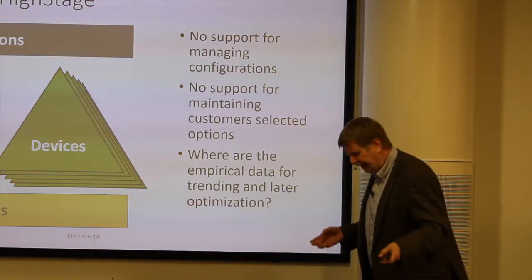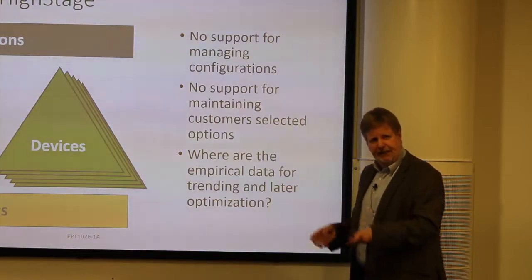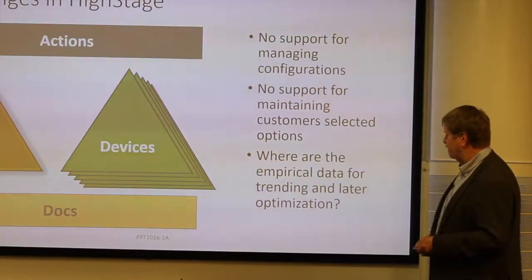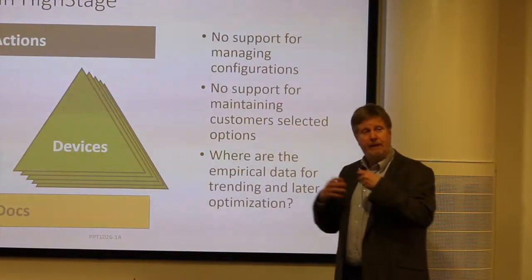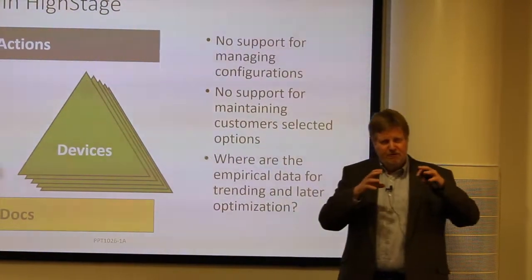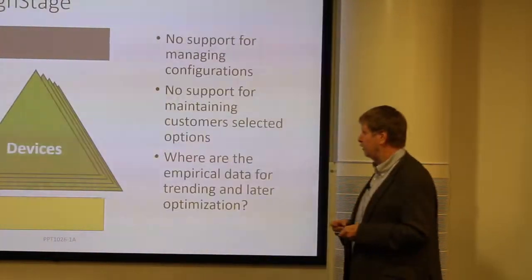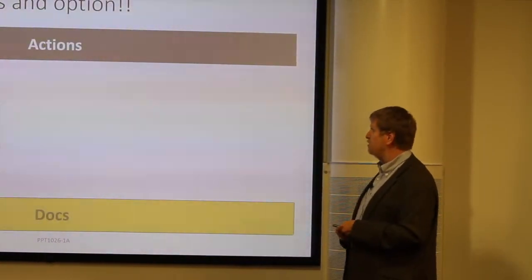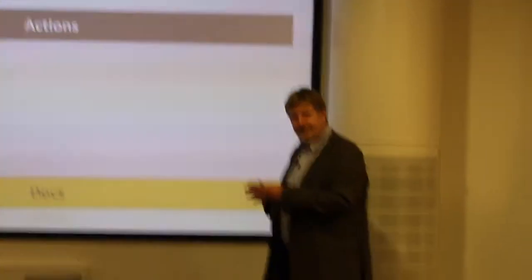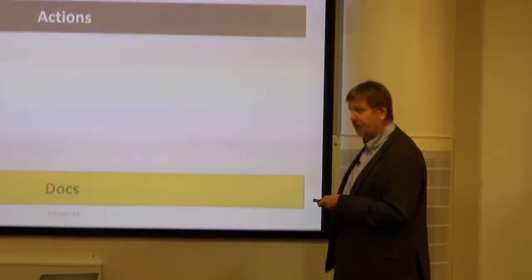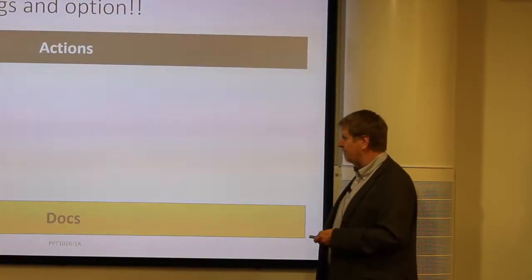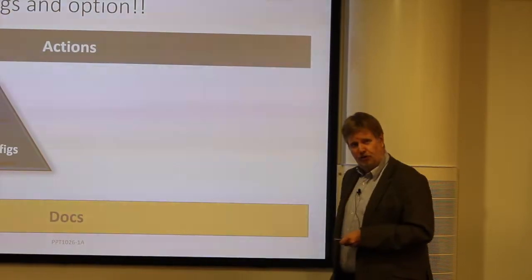And then when you don't have any of those, then you can't have these big data, the deep learning, and all that jazz with the empirical data that will enable you to reconfigure your product to be even more relevant to your customers. So the good news is this, that we extended the lines of the docs and actions. We got the parts, exactly as you had before. Now we've introduced configs.